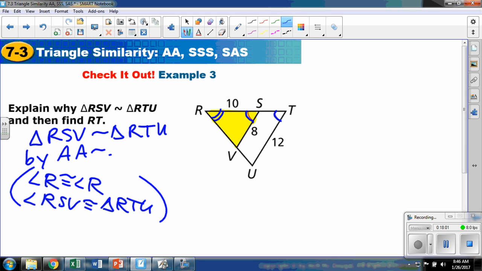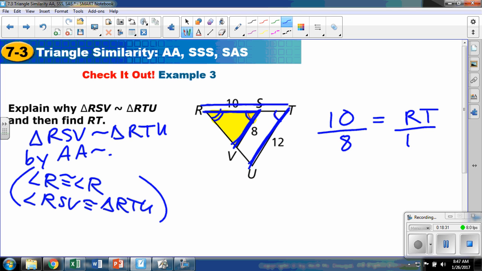Because they are similar, we know that we can set up a proportion and solve for missing side lengths. We would know that RS corresponds with RT. So 10 is going to match up with length RT. We would know SV corresponds with TU. So 8 would match 12.